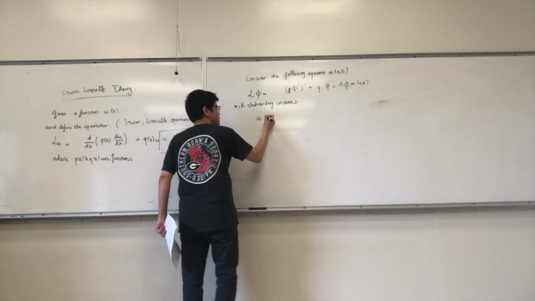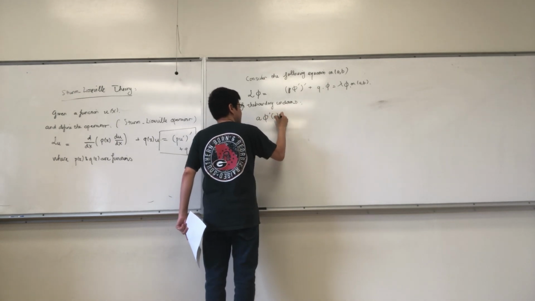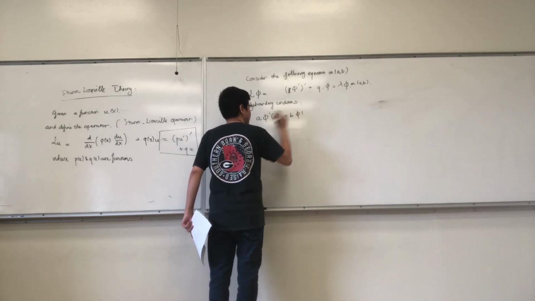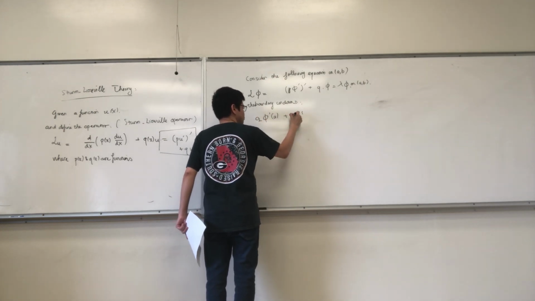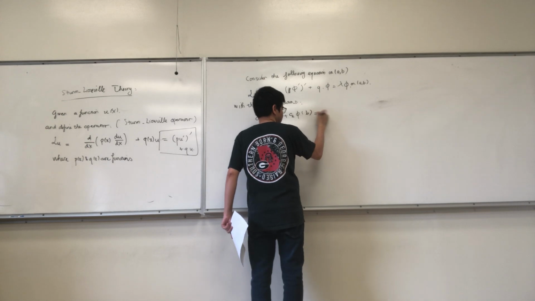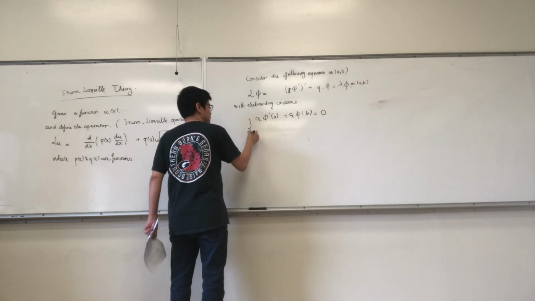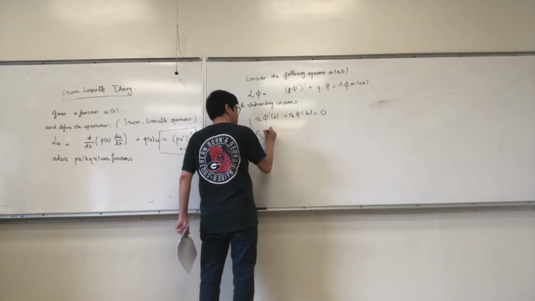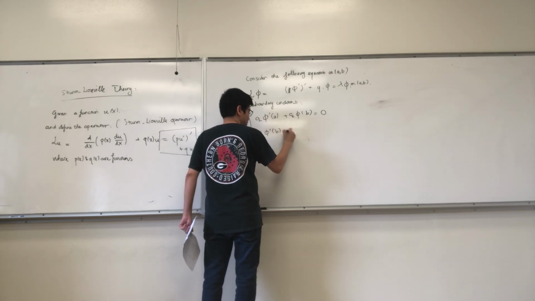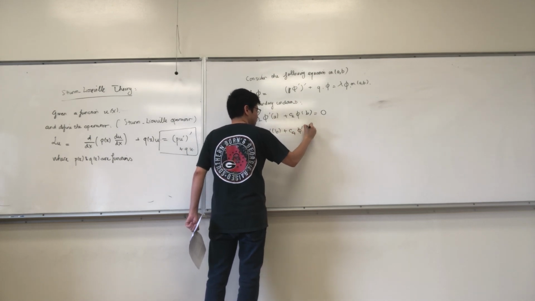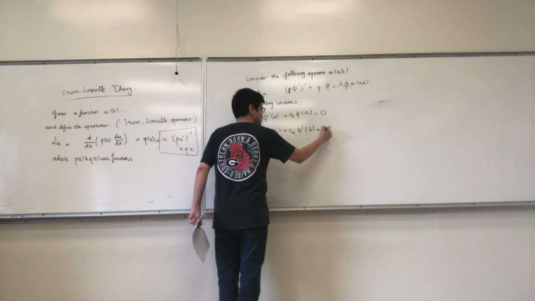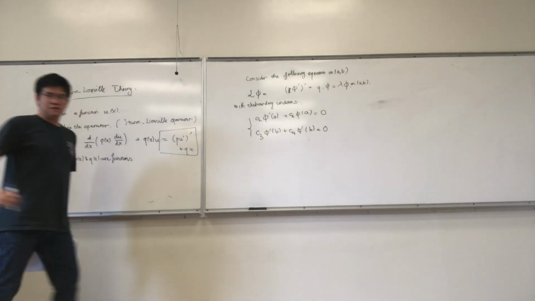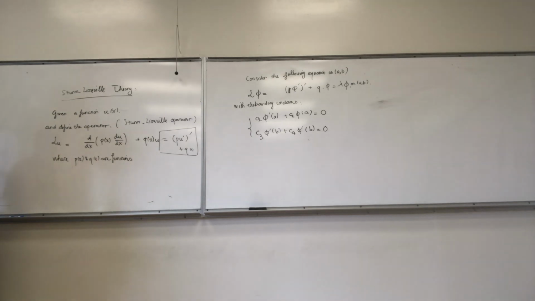You have C1 phi'(A) plus C2 phi(A) equals 0, and C3 phi'(B) plus C4 phi(B) equals 0. So this is the eigenvalue problem that we study.